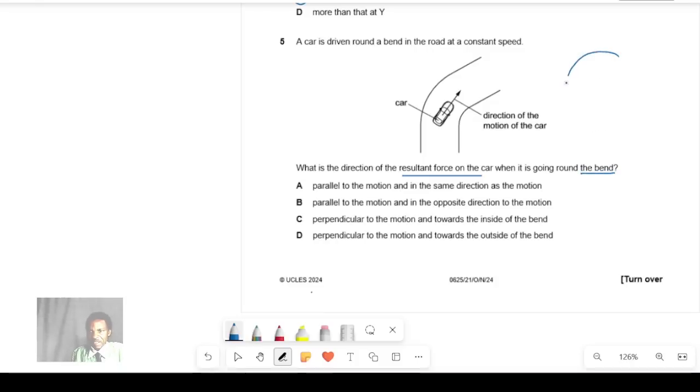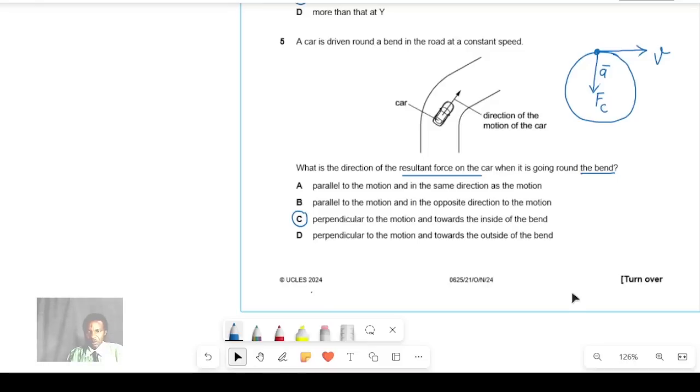So if you have a car moving here, this is the linear velocity, then the centripetal force acts towards the center and is perpendicular to the path. So the answer to number 5 is that it's perpendicular to the motion and towards the inside of the bend.